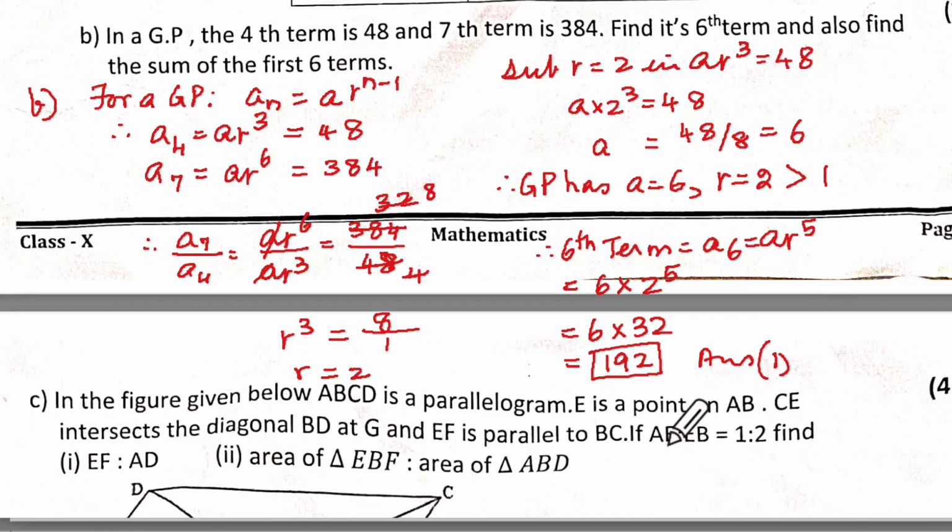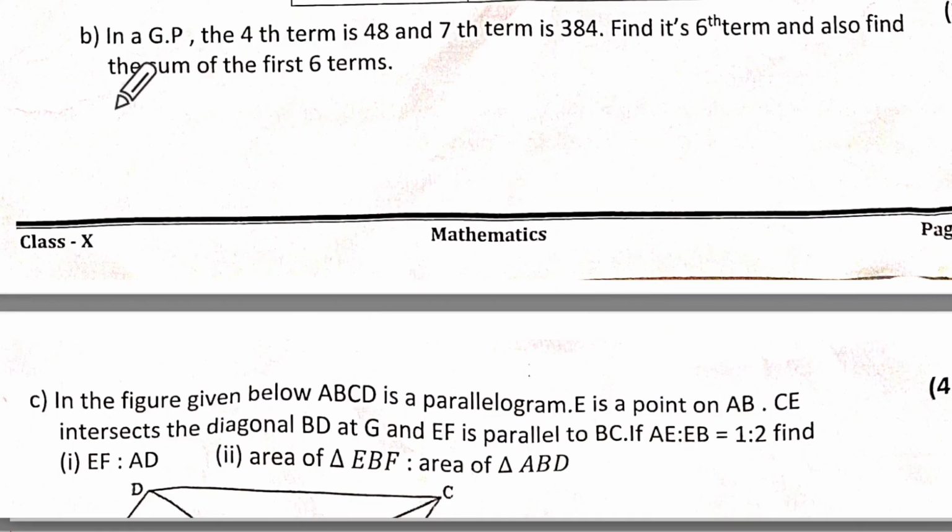Now you have to find S6. I don't have space, so I will write the SN formula here. SN equals A into bracket R to the power n minus 1, upon R minus 1.